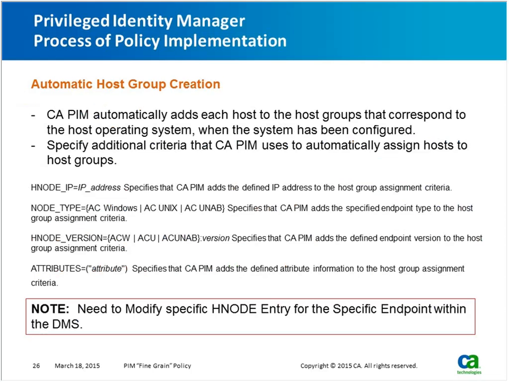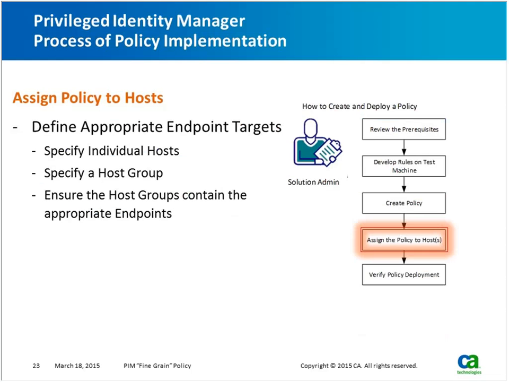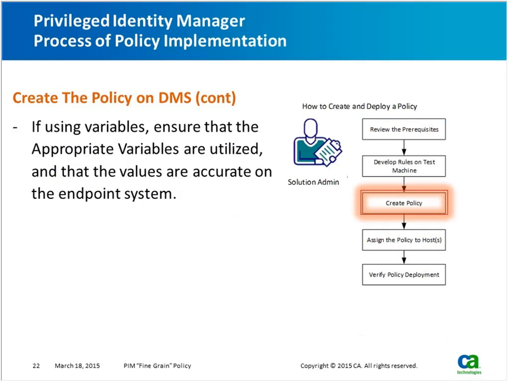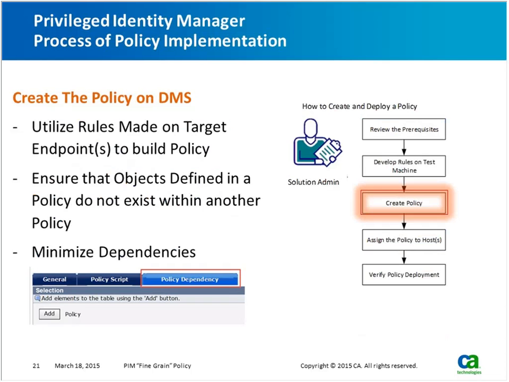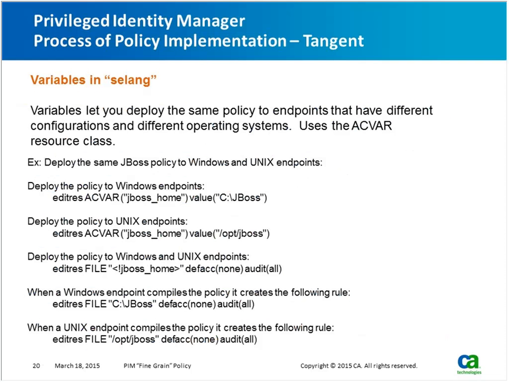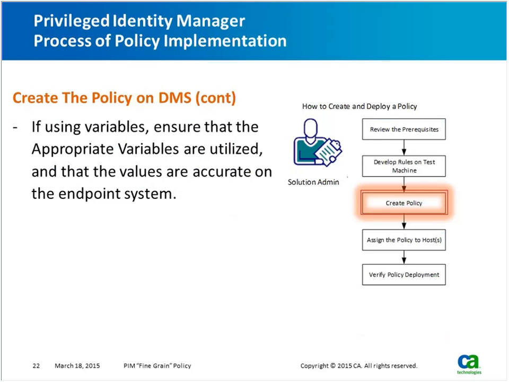Which one do you want me to go back to? We talked about the variables and the encrypt dependencies. Was it slide 20? No, I'm on 22. Okay, we're on slide 22 now, so just let me know when you need to advance to the next slide, and I'll go to the next one.